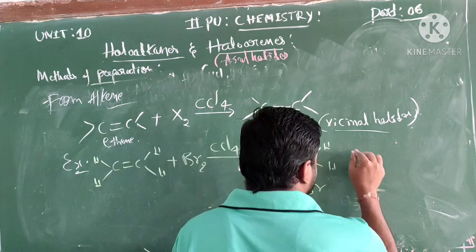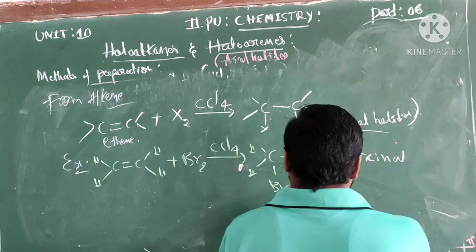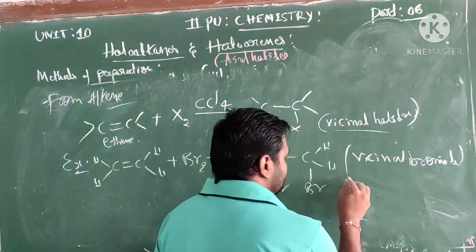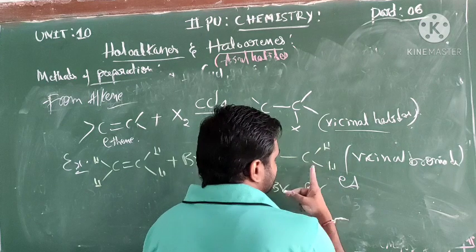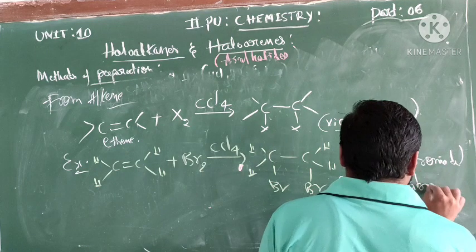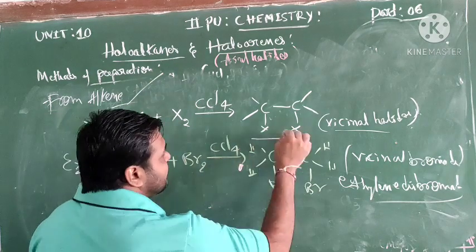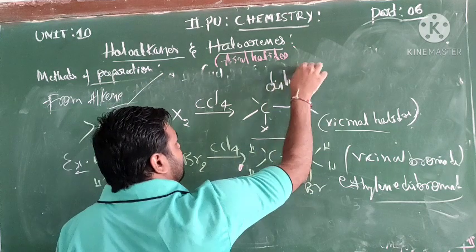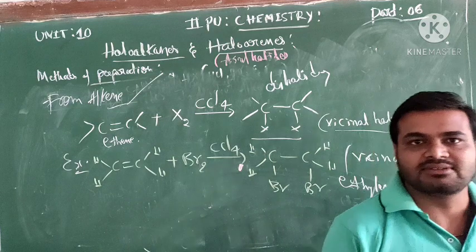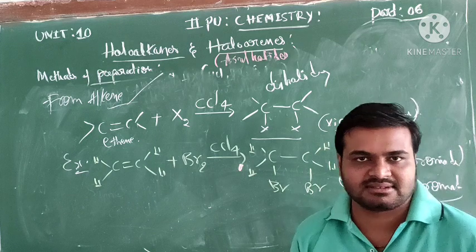Okay, the name is vicinal bromide, or ethylene bromide. 6. Preparation of dihalides from alkenes. Okay, this is about the preparations. Okay, students, clear? Okay, in the next videos we will discuss the physical properties and chemical reactions. Okay, thank you.